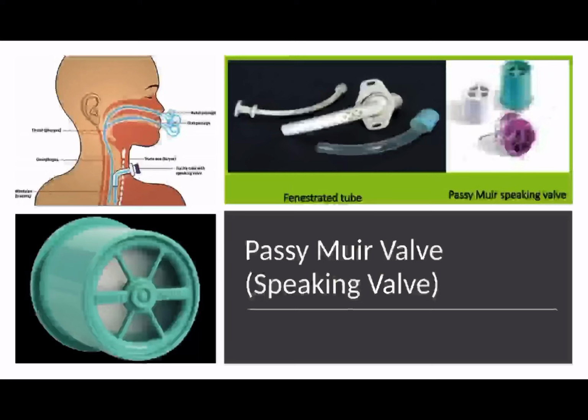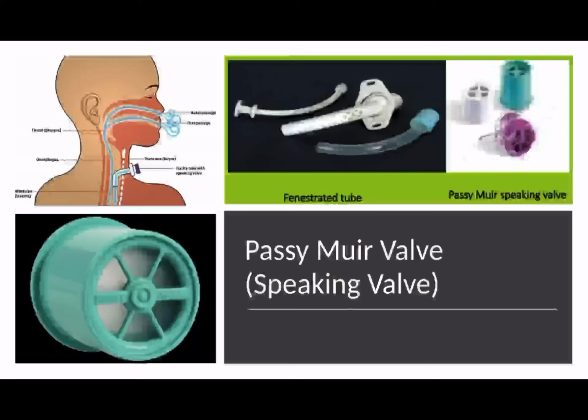So Passy Muir valves can only be put on cuffed tubes when the cuff is down, or with patients who have uncuffed tubes. You can also improve the amount of air that flows through the vocal cords by using it with a fenestrated tube, but you don't need a fenestrated tube. You just need a patient who has a cuff that is down or an uncuffed tracheostomy.